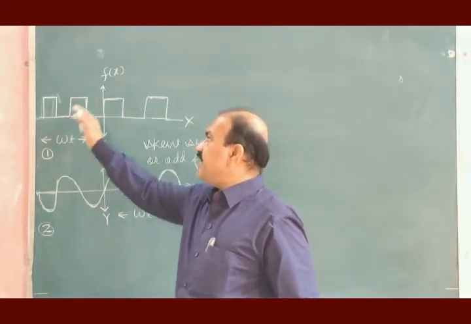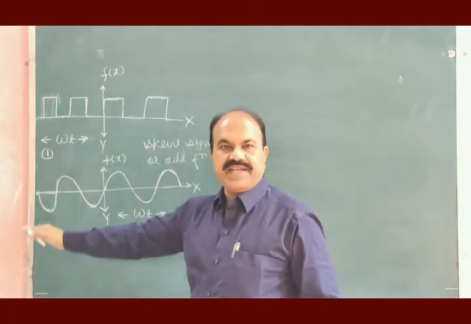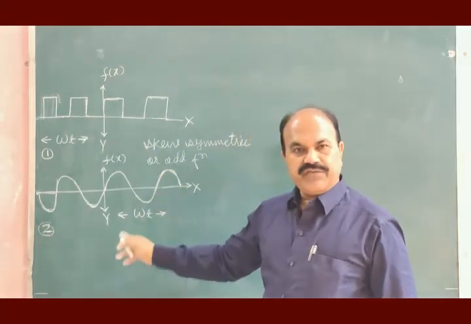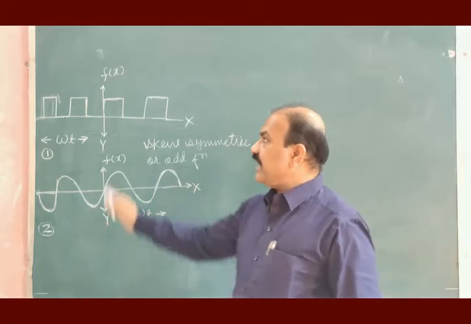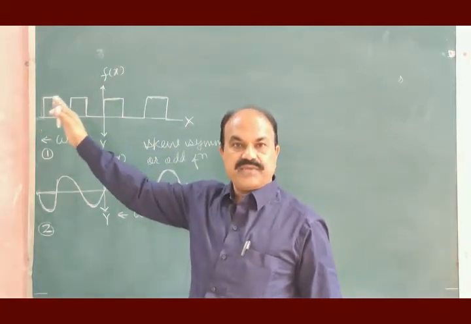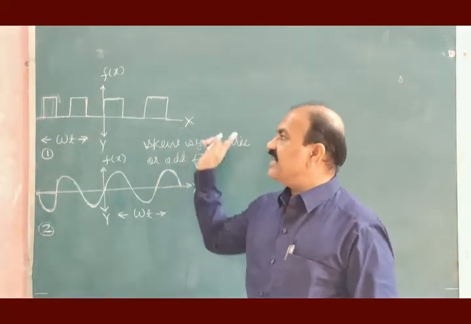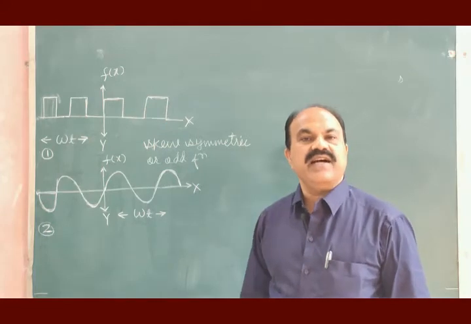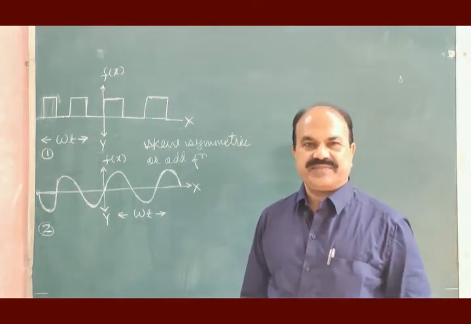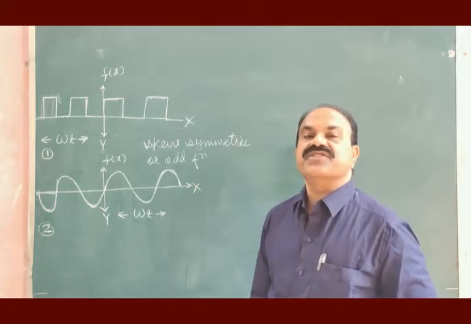If they are looked at through the y-axis, to the left, to the right, we find that these are not symmetric about the y-axis. These are skew symmetric about the y-axis.